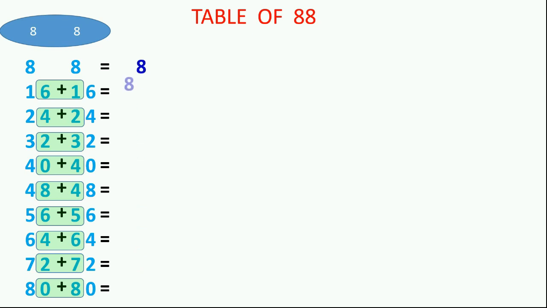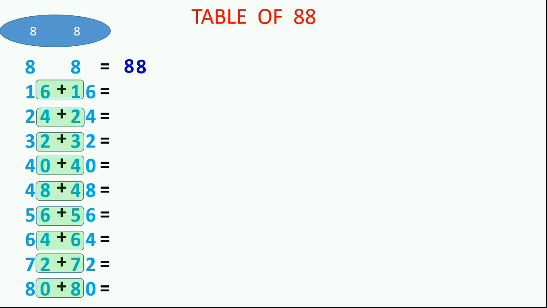From the second, there are 2-digit numbers on both sides. So take the right side number's left side digit and the left side number's extreme right side digit. Add them both, and then write in between.